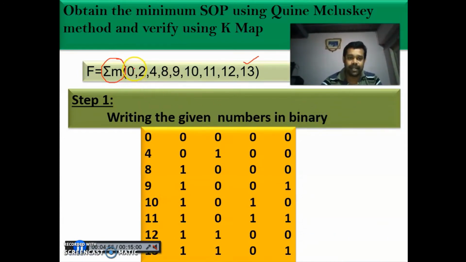So this is 0, that is 0, 0, 0, 0. If you want, you can write 8, 4, 2, 1. We are converting this decimal to binary, that is 0, 0, 0, 0. Then we write 2, that is 0.